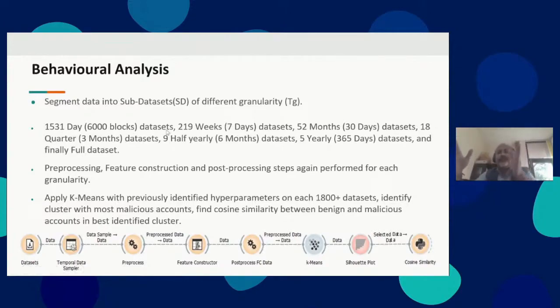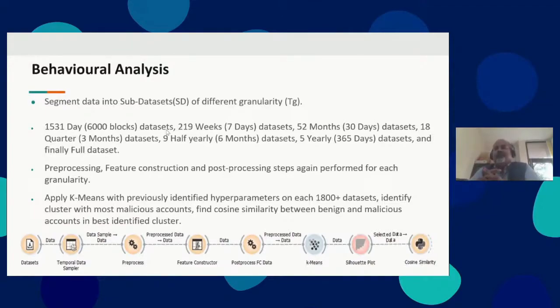So daily: is what happens in a day enough to predict? Or what happens in 7 days with that account, is that enough? Or should I look at 1 month of data? A quarter of data? Six months of data? Or should I look at the whole year's data in order to say whether somebody is malicious, right?